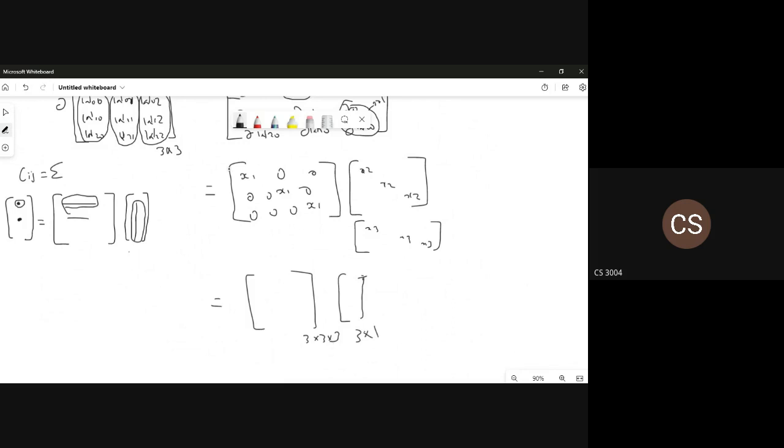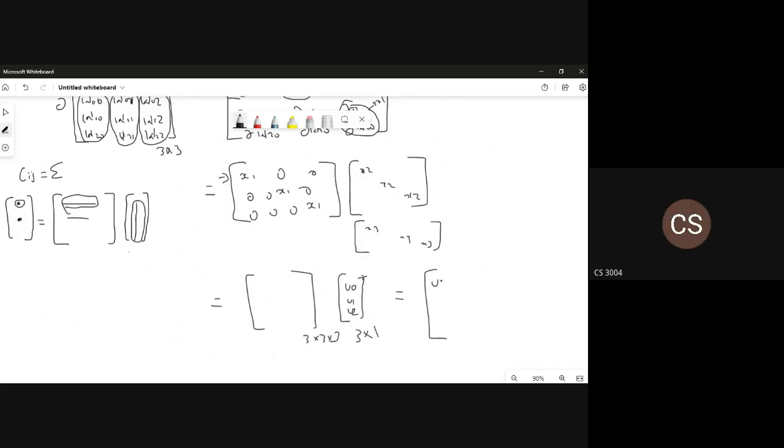I first take this matrix and multiply it with u0, u1, u2. What will be the result if you multiply it? What is the result? It will again be a tensor.